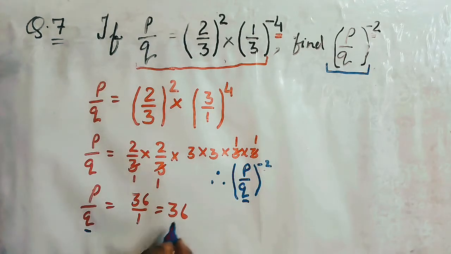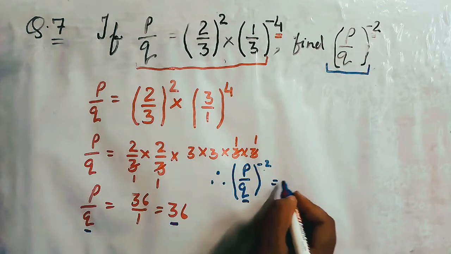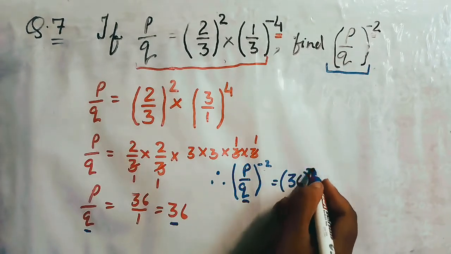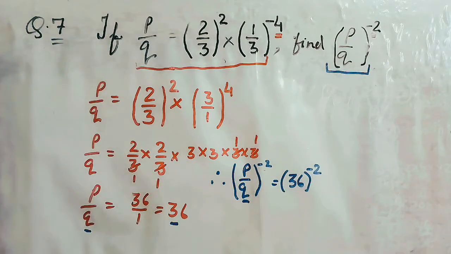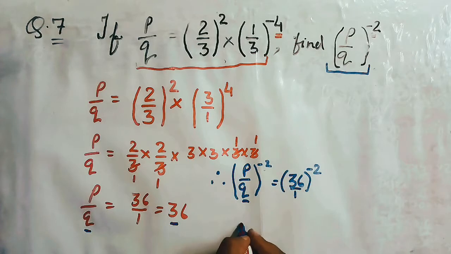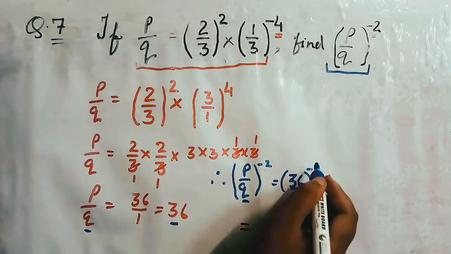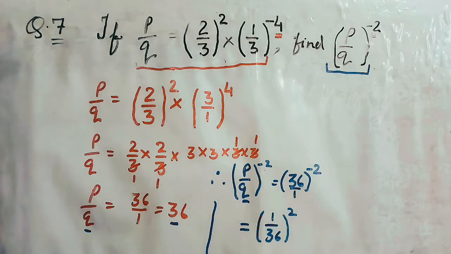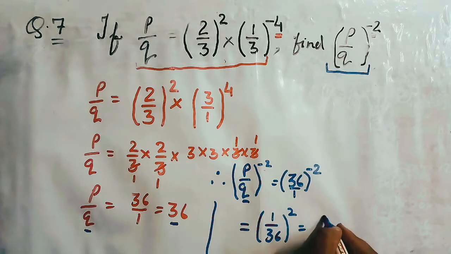The value of P upon Q is 36 and it will become 36 raised to power minus 2. Again the power is negative, we need to take the reciprocal, so 36 can be written as 36 upon 1. So its reciprocal will be 1 upon 36. Now the power will become positive, so raised to power 2.